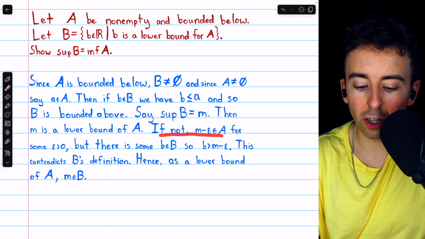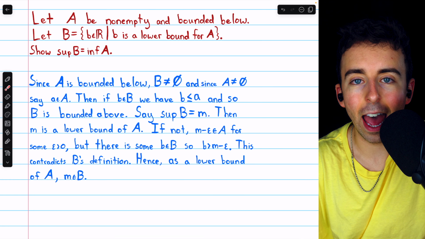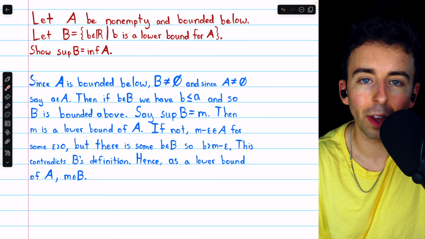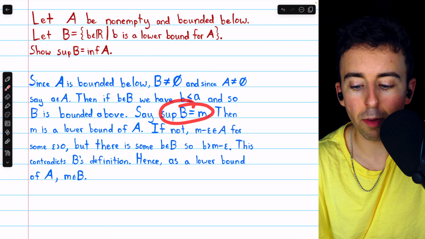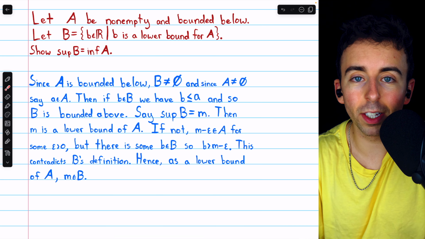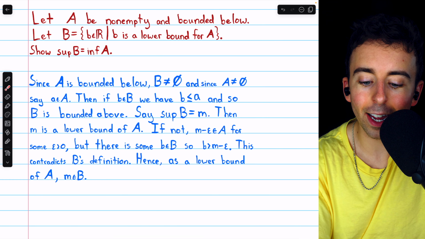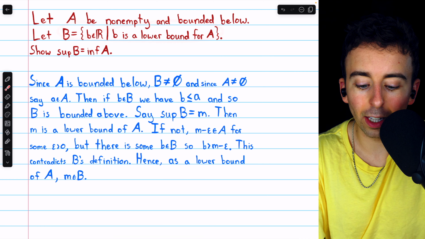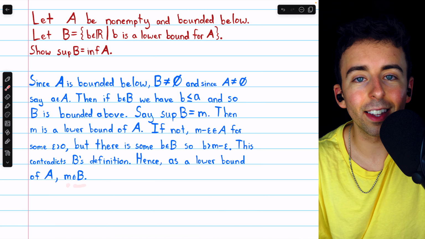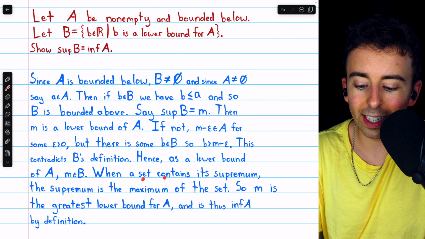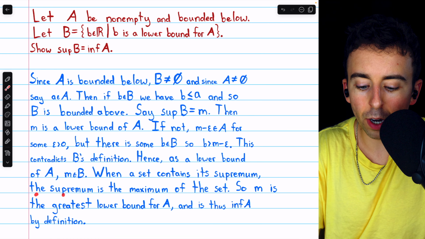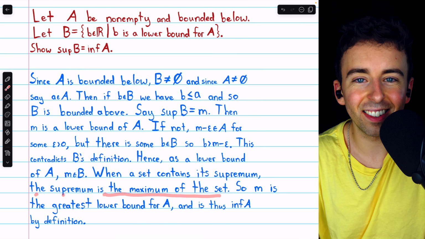Remember, this whole contradiction came from assuming that M was not a lower bound of A, but we see, in fact, it must be. And then importantly, since the supremum of B, M, is a real number that's a lower bound of A, by definition, this element M is also in the set B. And we've previously proven, link in the description, when a set contains its supremum, the supremum is the maximum of the set.